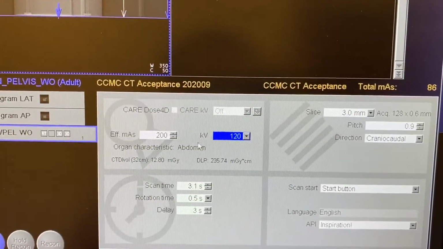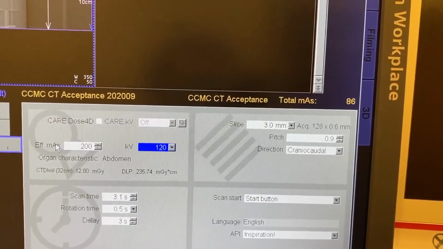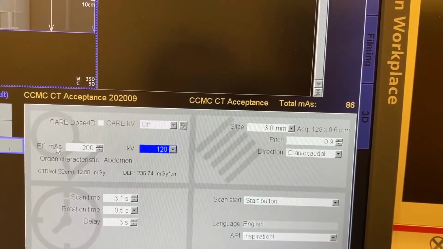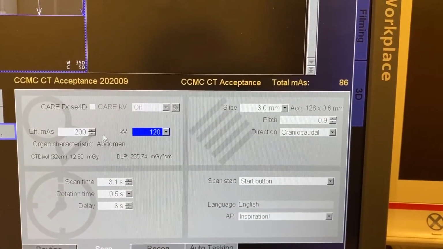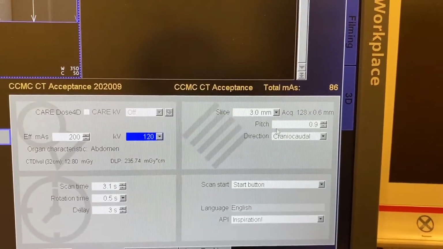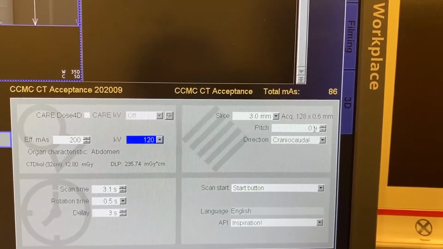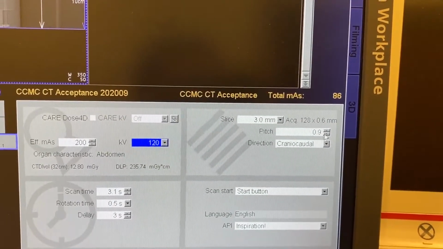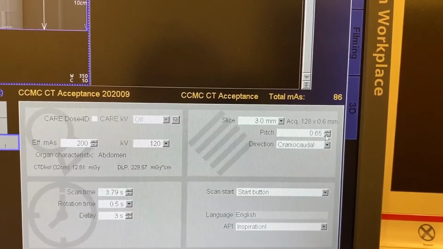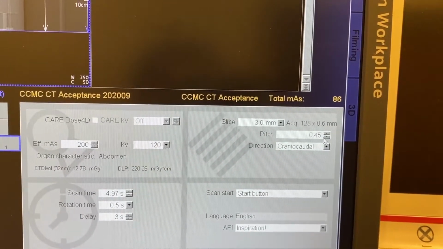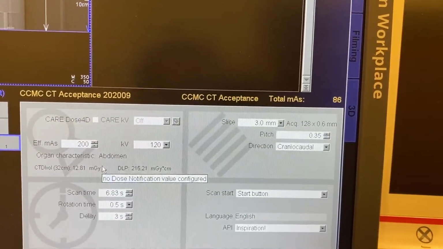And related to that, remember this is effective mAs. It's not real mAs, because one of the other factors used to determine effective mAs is the pitch. So yes, we can change the pitch. And as you can see, while I'm changing the pitch, this CTDIvol doesn't change much.